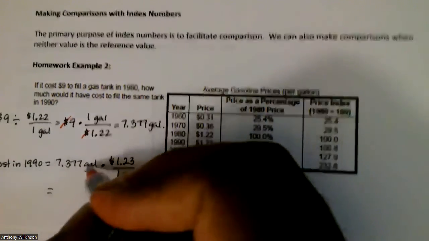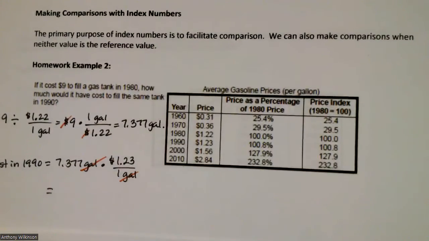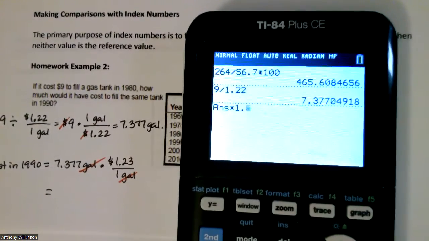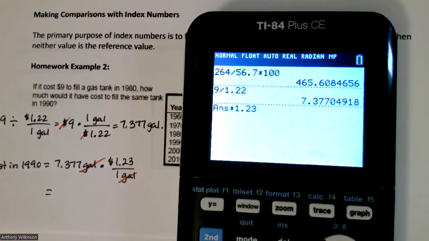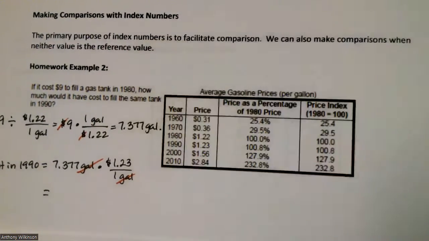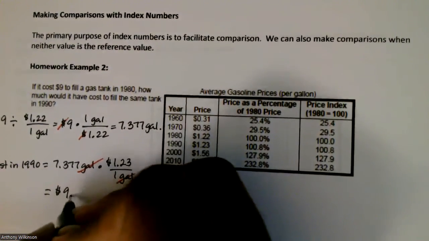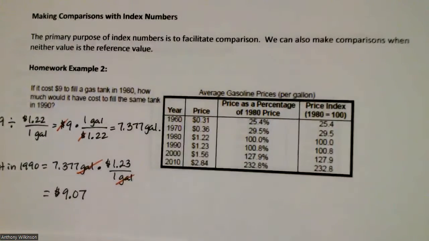So in this case here, the gallons divide out, and I'll multiply 7.377 times $1.23. Now, since we're dealing with money amounts, we're going to round to 2 decimal places. So this will be 9.07. So in other words, it's going to take $9.07 to fill that same tank of gas in 1990.